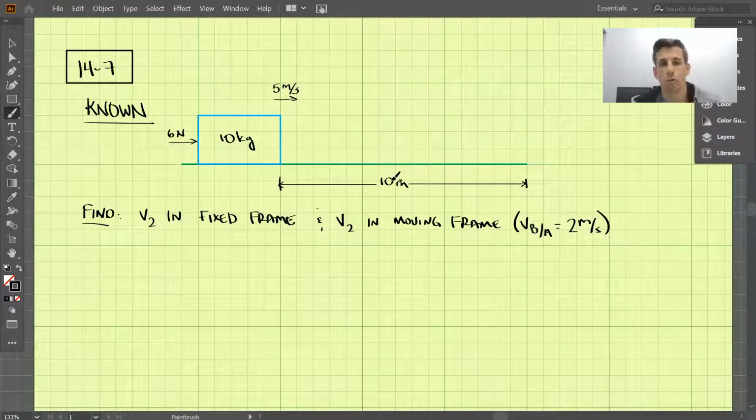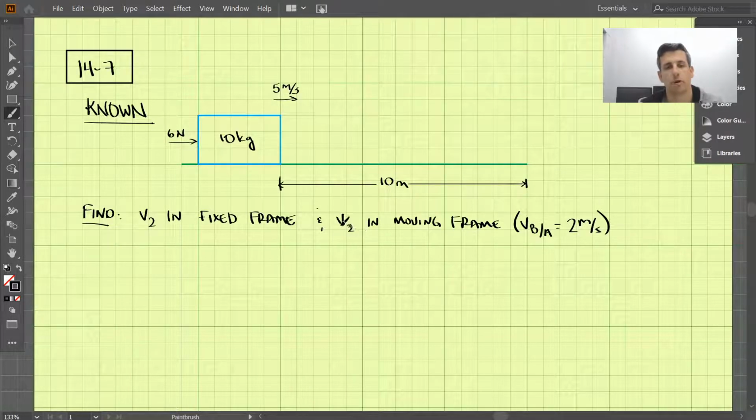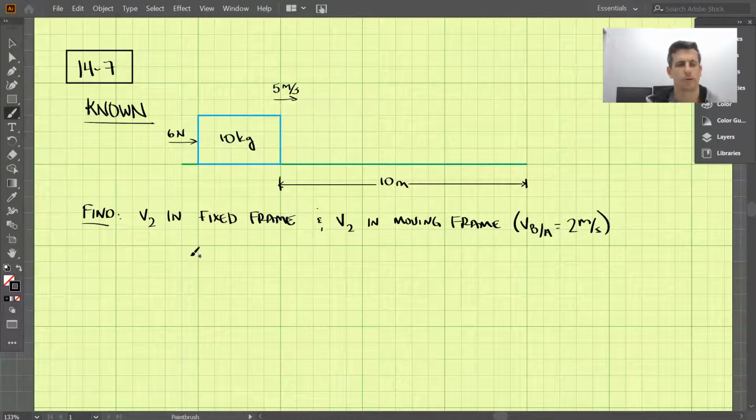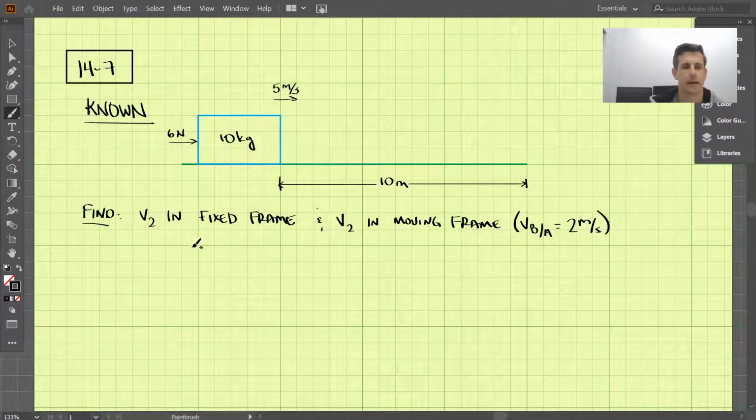But then it also wants us to find the velocity in a moving inertial reference frame, where you can think of observer B as being maybe on a cart, moving 2 meters per second to the right as this thing moves, and watching this thing move. And it kind of wants us to compare these two answers.